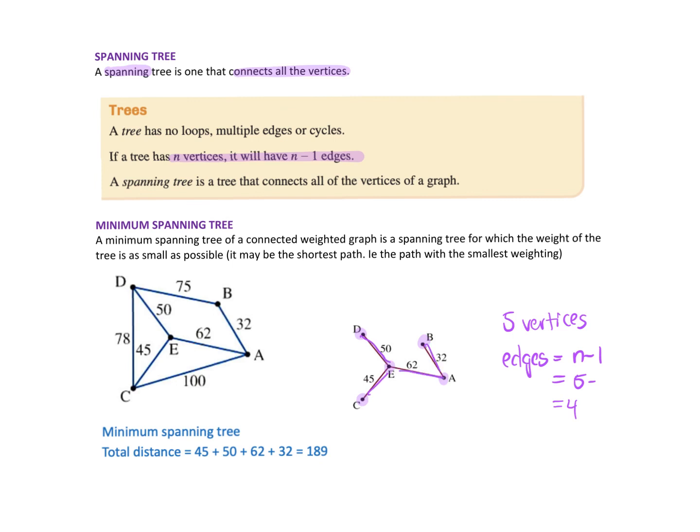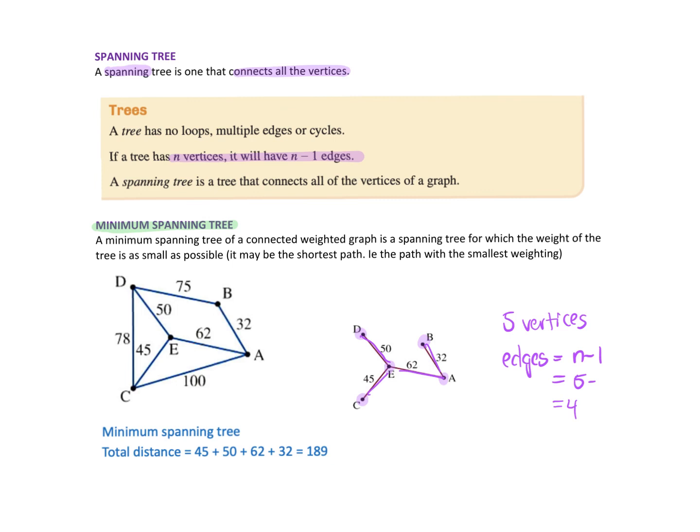So a spanning tree connects all vertices in the graph. But what we in particular want to look at is a minimum spanning tree. Like with that connecting problem, say you're wiring a house and you want a point out to each part of the house, each vertex, say the vertex was a room.